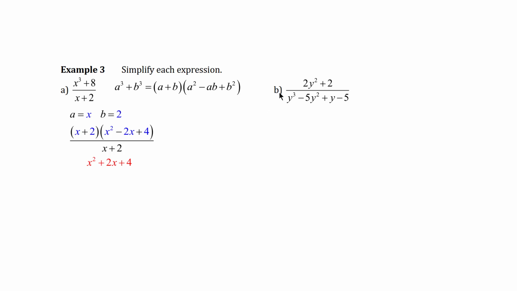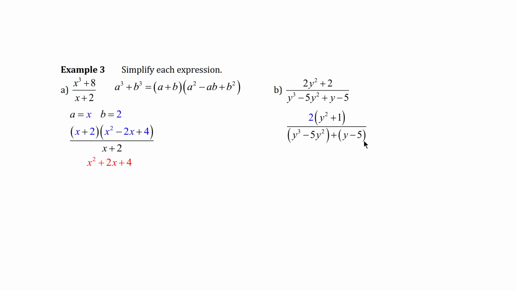Moving on to part B, we have 2y squared plus 2 divided by y cubed minus 5y squared plus y minus 5. We start by factoring out a common factor of 2 on the numerator and then factor by grouping on the denominator. The result is 2 times parentheses y squared plus 1 divided by parentheses y cubed minus 5y squared plus parentheses y minus 5.